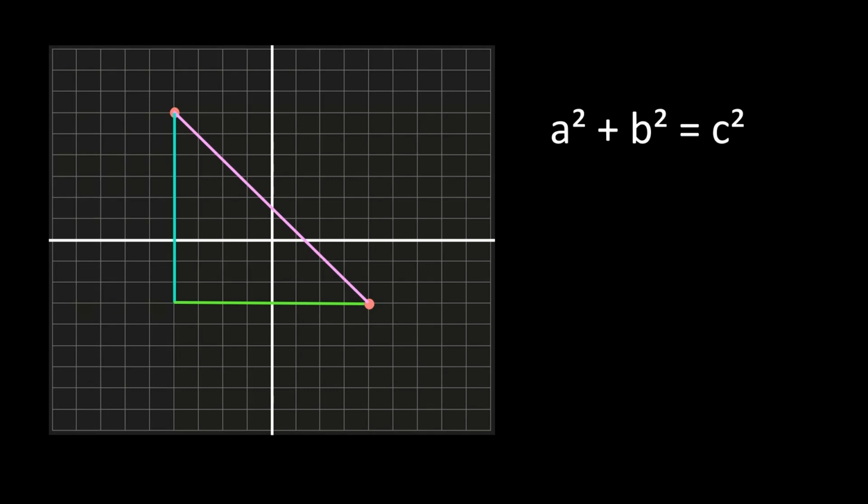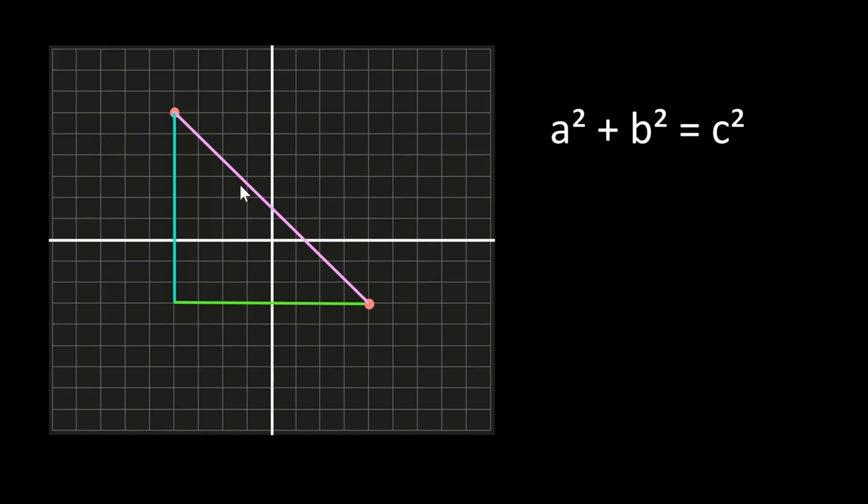So I want to find the distance between these 2 points, and I'm going to use the Pythagorean theorem to do that. The distance between these 2 points is the length of the line that connects them. And I can draw in these 2 other lines and create a right triangle. And once I do that, that allows me to use the Pythagorean theorem, a squared plus b squared equals c squared, to find the distance between those 2 points.